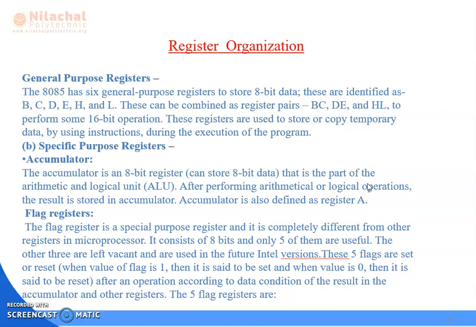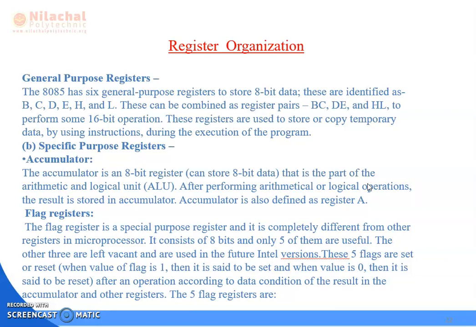Next is the flag register. The flag register is a special purpose register and it is completely different from the other registers in the microprocessor. It consists of 8 bits and only 5 of them are useful. The other 3 are left vacant and may be used in future Intel versions.